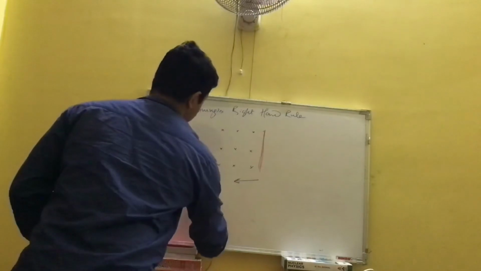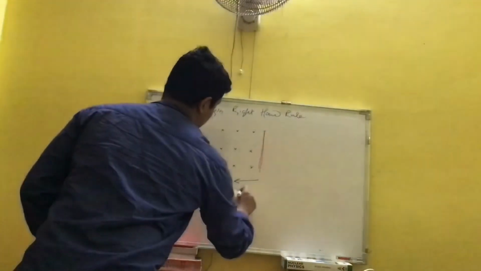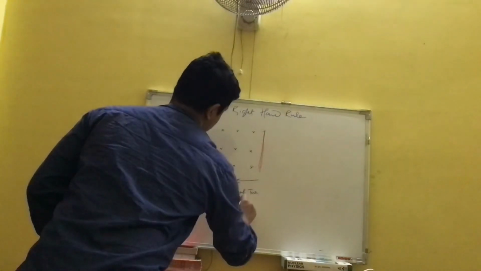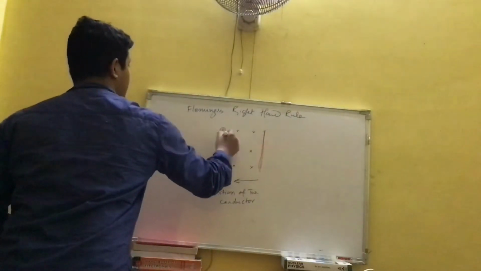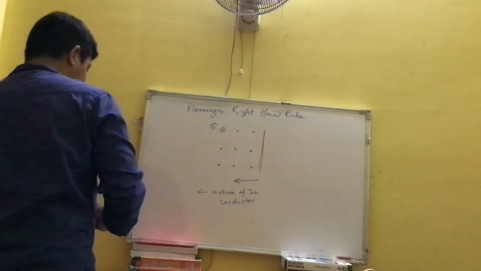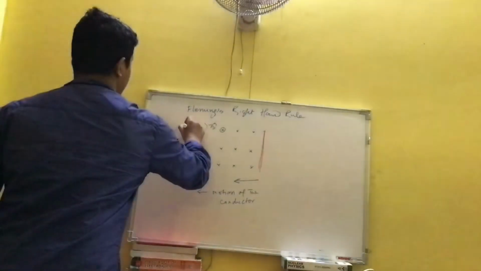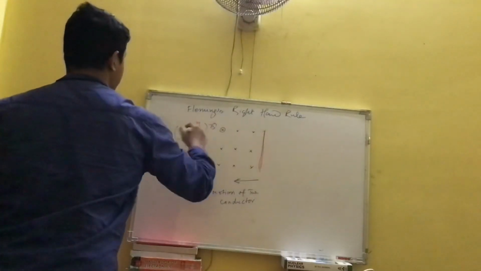This is the direction of motion of the conductor. And this cross represents the direction of the magnetic field, which is into the board, perpendicularly into the board.